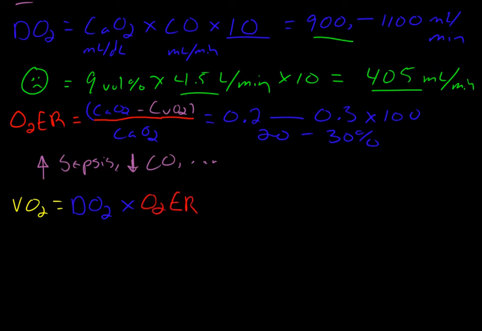And just like any of our other equations, we can do algebra if we're missing one of these values and determine the other one. So, for example, if you divide out the O2 ER, VO2 divided by the O2 ER equals DO2. So you can figure out things that way as well. It's much more simplified, and I think that's a little beneficial.